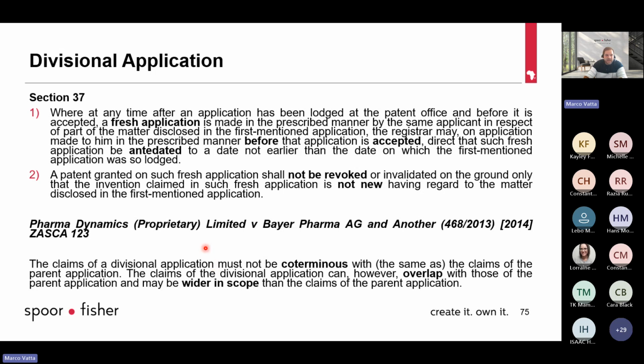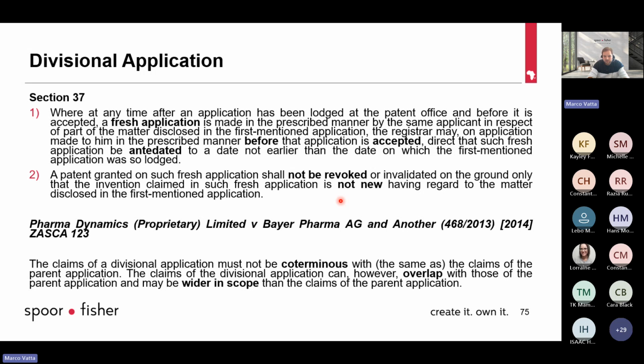Okay, there is some case law on divisional applications, which is the Pharmadynamics versus Bayer case. These were just some additional requirements relating to divisional applications that the court had set out. They said that the claims of the divisional application must not be coterminous with the claims of the parent application. And that makes sense. I mean, what is the purpose of filing a divisional application if you're going to have the same claims?